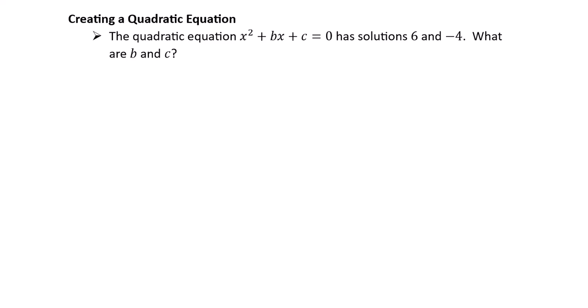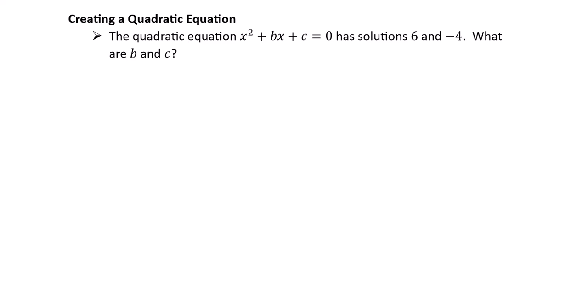Now let's think kind of in a reverse way about what we've done. If we have a quadratic equation, x squared plus bx plus c equals 0, and this has solutions of 6 and negative 4, what are b and c?